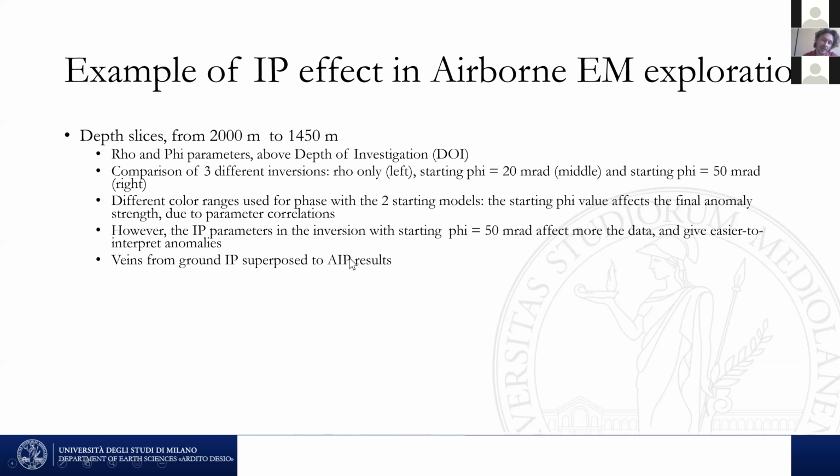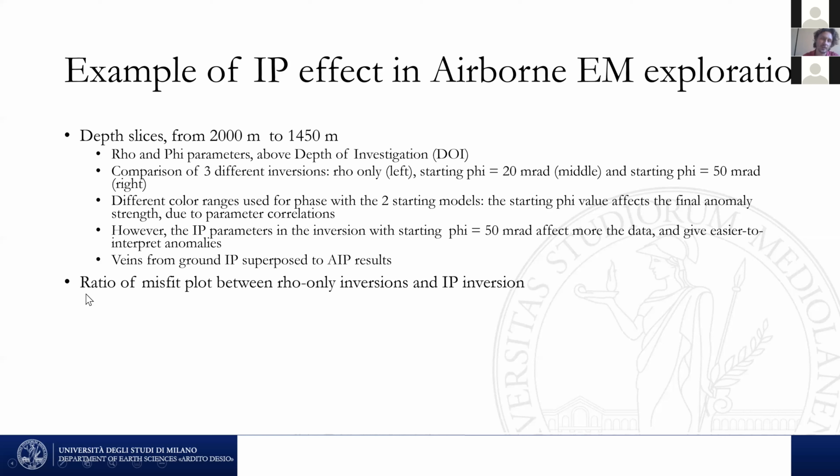And we have, in this case, also many kilometers of galvanic ground IP measurements on the site, where we can do a comparison of the anomalies that were found with the galvanic IP compared to the anomalies that we found with the inductive IP.